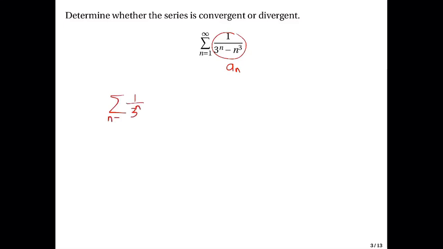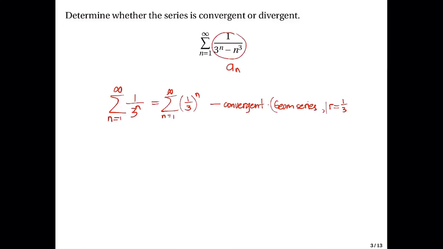So here, your n runs from 1 up to infinity. But this is just your geometric series (1/3) to the n, from 1 up to plus infinity. And this is convergent. Okay, this series is convergent because this is a geometric series with r equals 1/3.